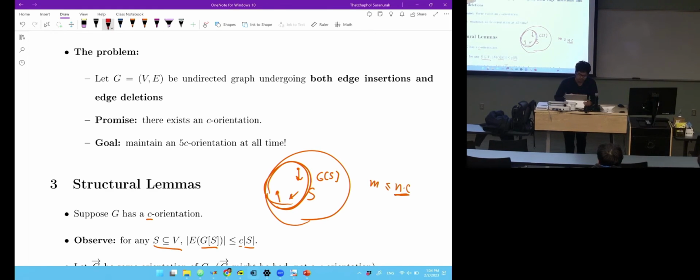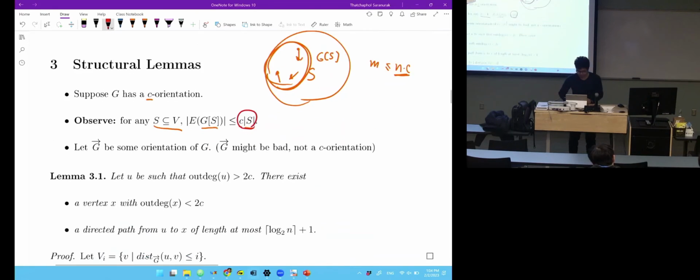By the same reasoning, every edge inside S is the responsibility of some node in S, and each node in S has only C out edges. So that's the bound on the number of edges inside any induced subgraph.